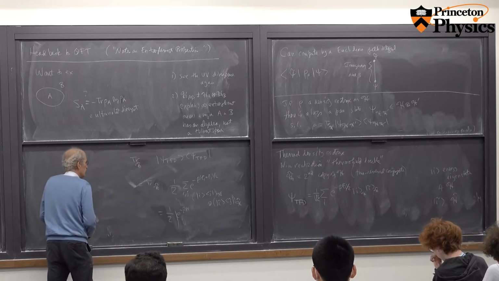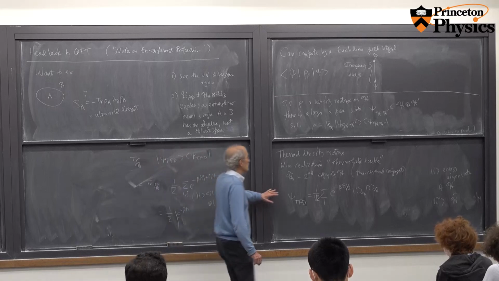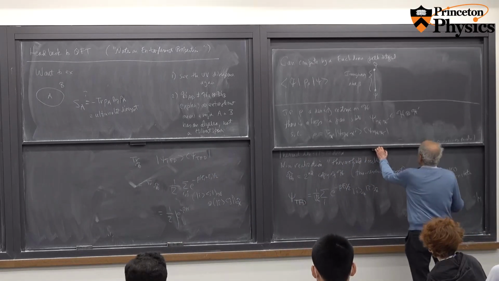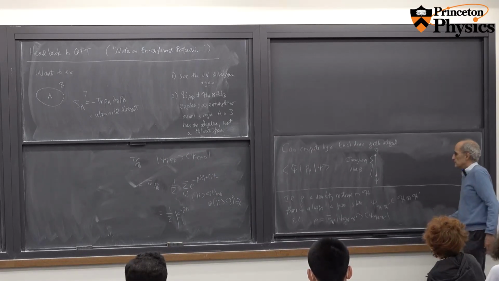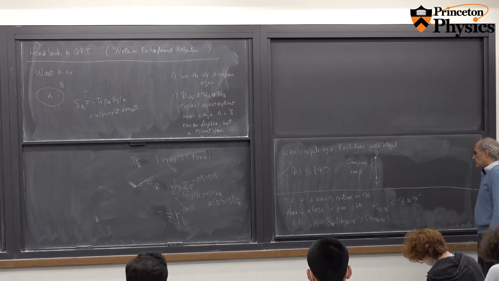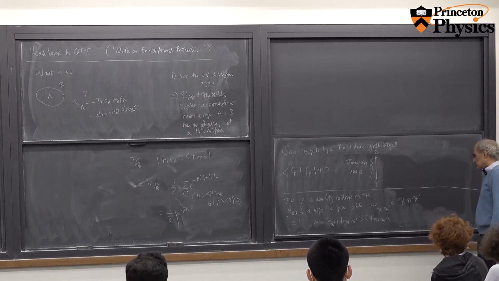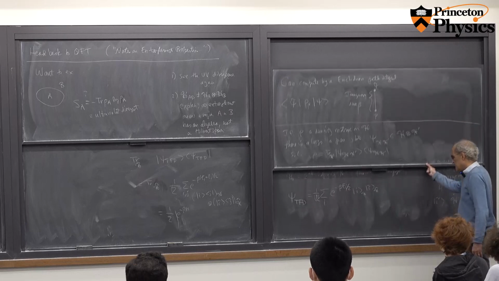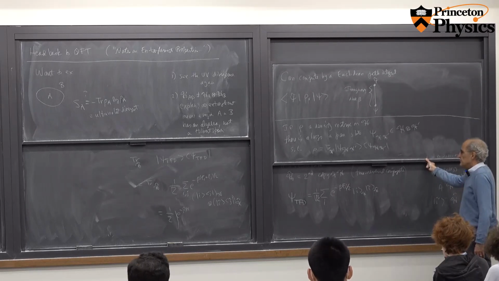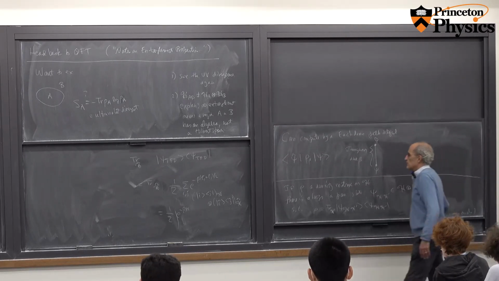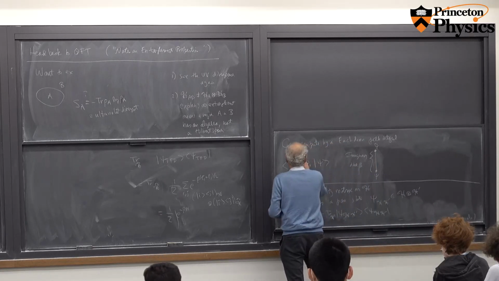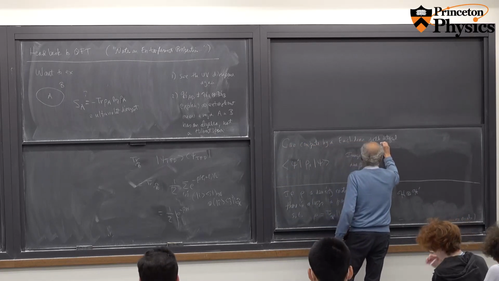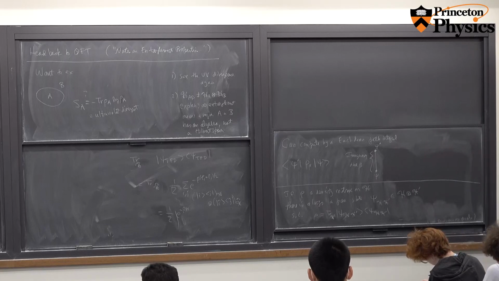Now, we did this computation with formulas, but we could have done it more efficiently with path integrals. How do we do that? Oh, I've called too many things tildes. I used tilde for the second system, which I also had used for the final state of the density matrix.